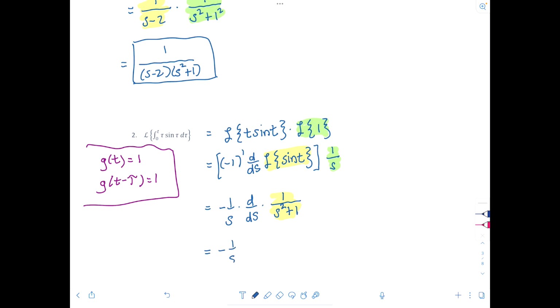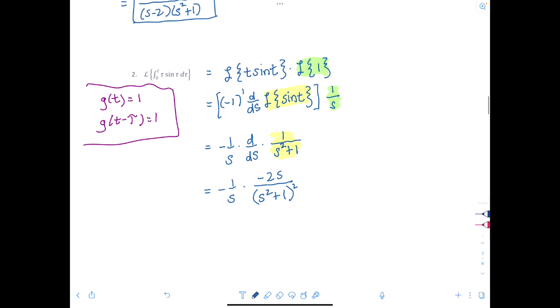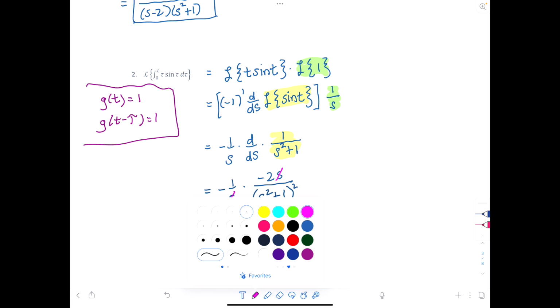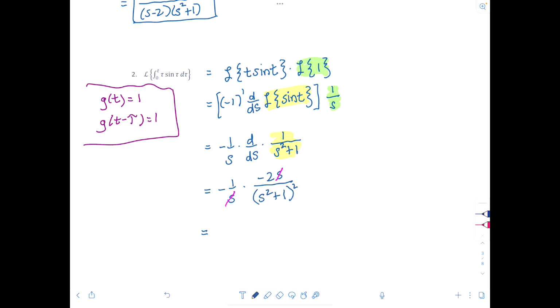So we'll have negative 1 over s times, using the chain rule, negative 2s over s squared plus 1 squared. And so at the end of the day, the s's will divide out. The negatives will go to positive, and we will have 2 over s squared plus 1, the quantity squared. Cool, cool?